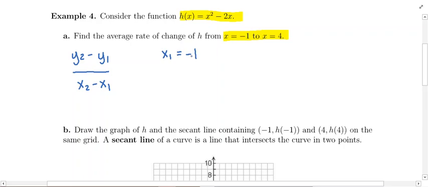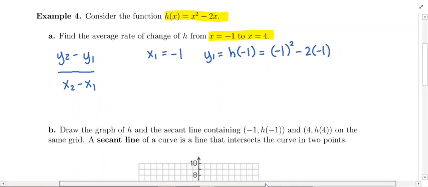Well, we need to get y1. How do you get y1? Well, you plug x1, which is -1, into the function. So here we go. y1 is going to be h of -1. That's going to be -1 squared minus 2 times -1. We just plugged in -1 for x into our function.